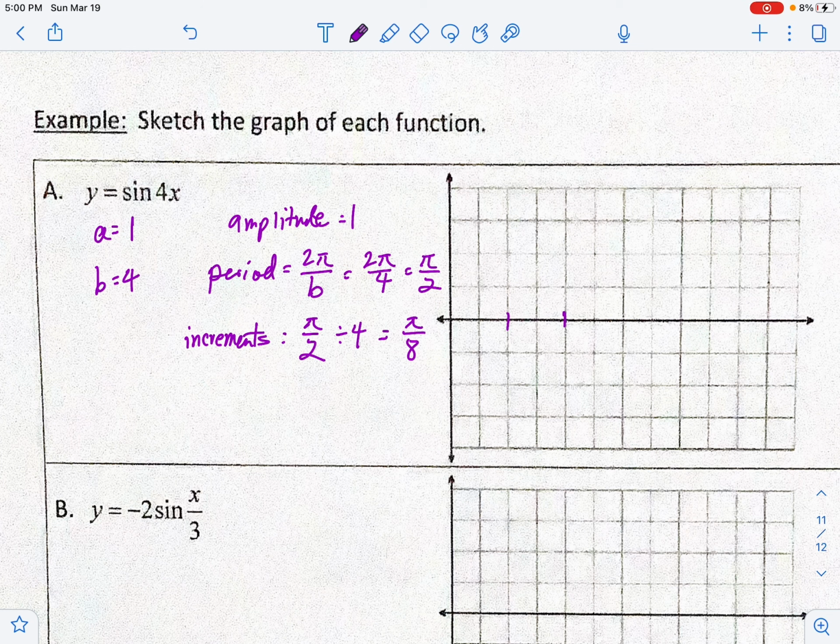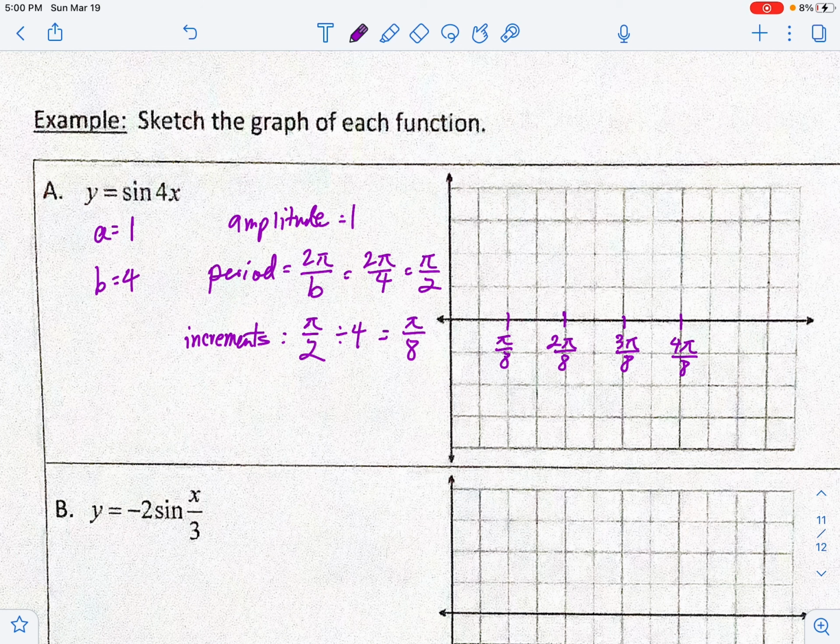So I'm going to draw 4 tick marks. And by the end of the 4th tick mark, we should have pi over 2, which is the completion of one cycle. So first tick should be pi over 8. Second tick will be 2 pi over 8. Third would be 3 pi over 8. And the last one will be 4 pi over 8.